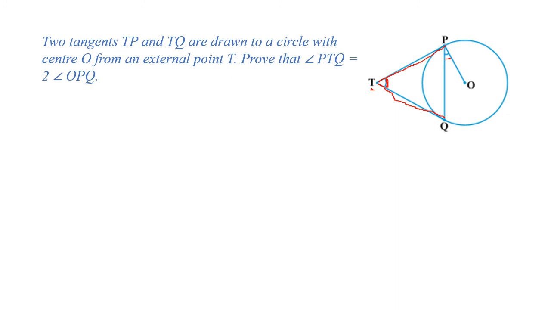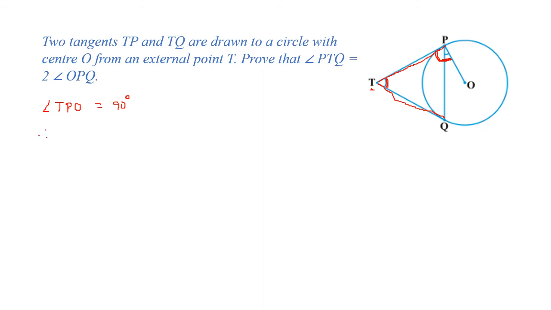We have to prove this. How will we start to prove this? First of all, observe that angle TPO is equal to 90 degrees, because the tangent is always perpendicular to the radius.